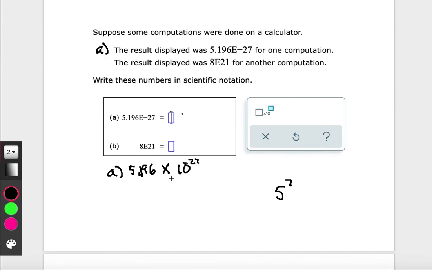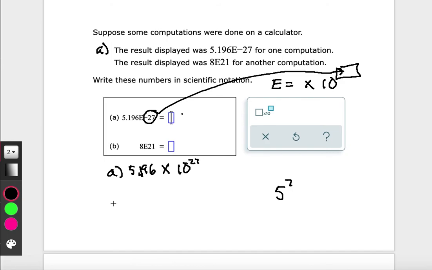Really the only thing you're adding is the multiplication sign and the 10, and you're putting that in place of the E. The E stands for times 10, and then the number that's right here goes in as the power.